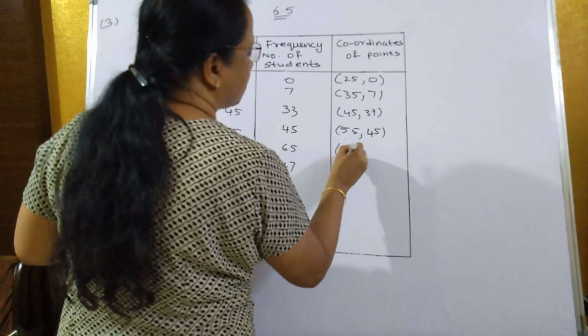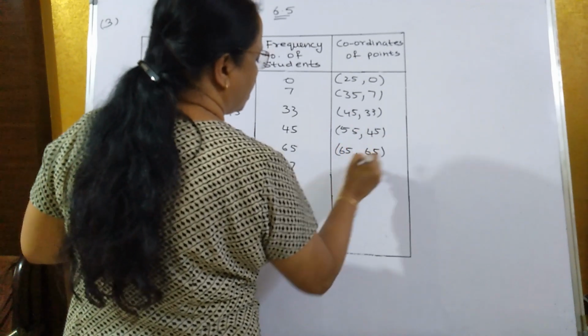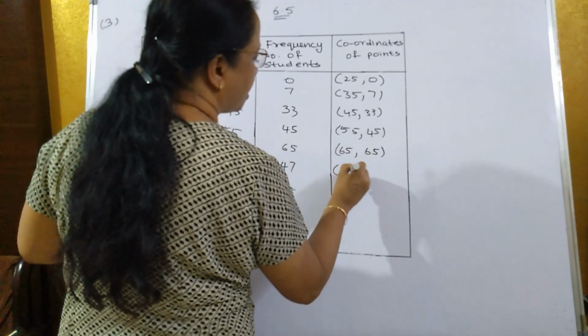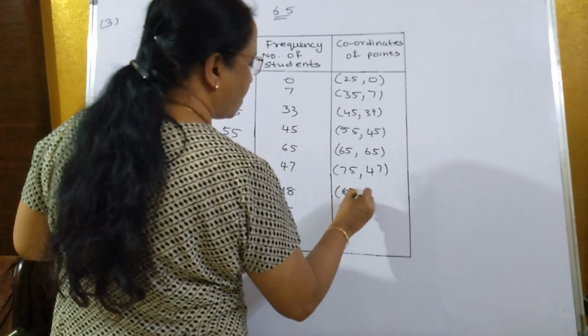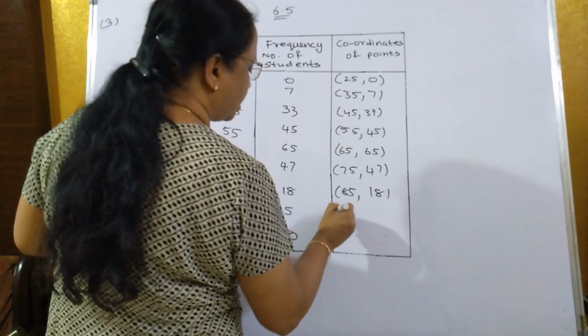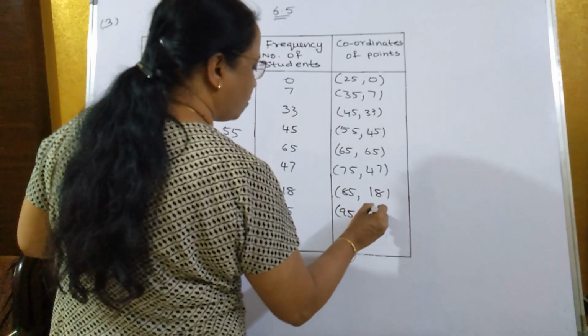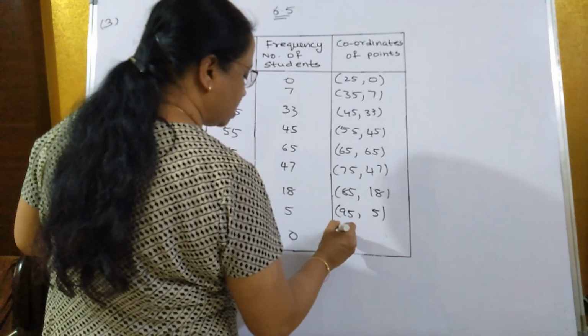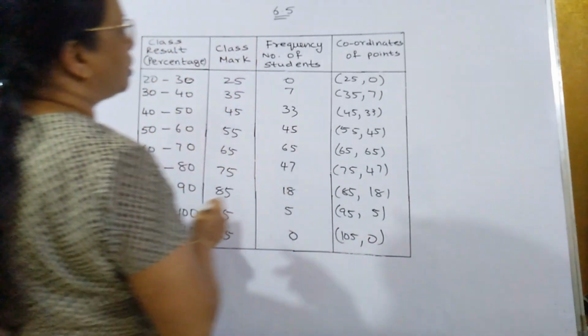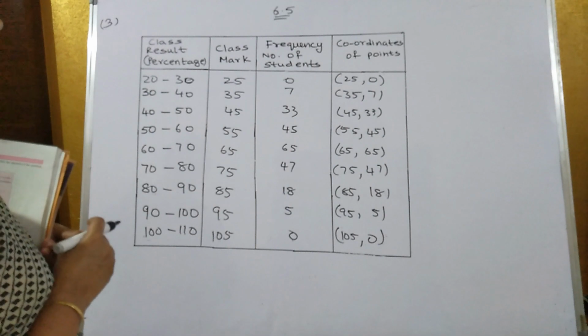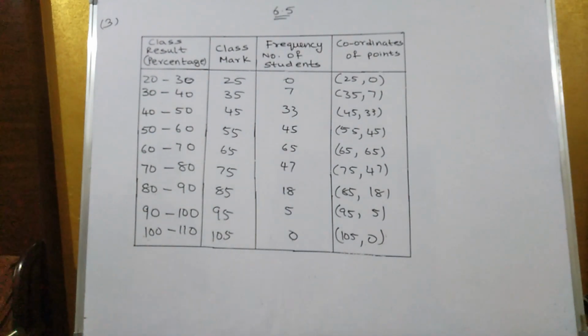Next one is 65, 65. Next one is 75, 47. Next one is 85, 18. Next one is 95, 5. And the last one is 105 and 0. Now we will draw the frequency polygon in the graph book.